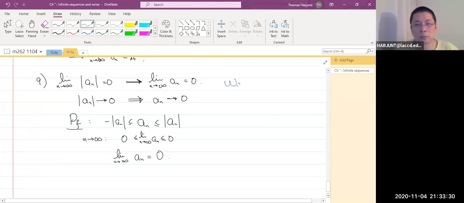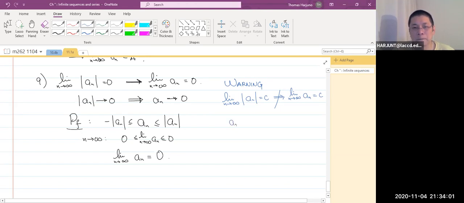Warning. The limit as n goes to infinity of the absolute value of a sub n equaling a constant does not imply that the limit of a sub n will be C. No. One good example, of course, is the alternating sequence, because that's the counterexample to show that it is not true.